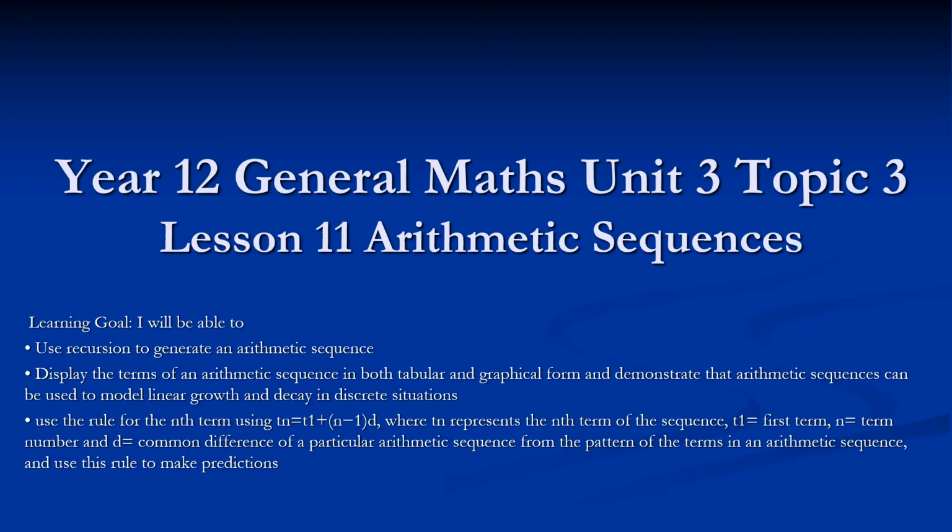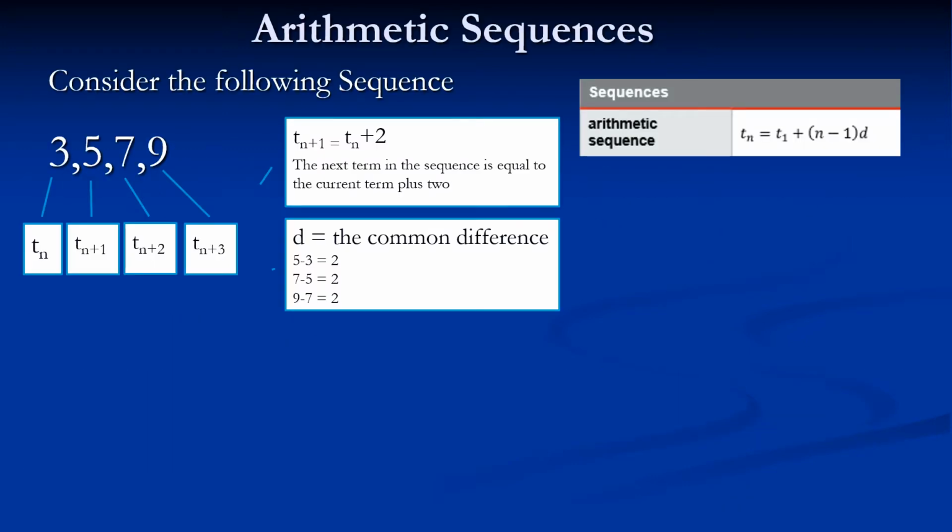We're going to use this rule to make predictions. I'll just make a note that your textbook will also call t1 "a", so if you're looking at your text, you'll see that pop up.